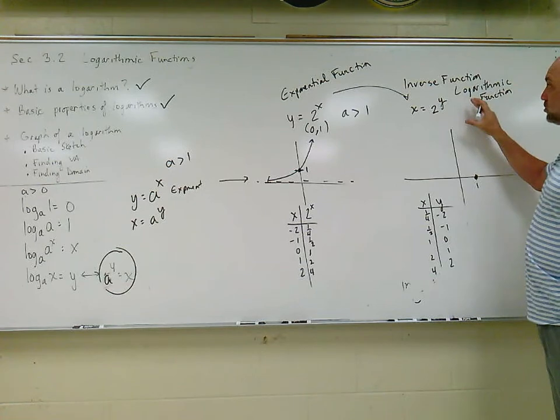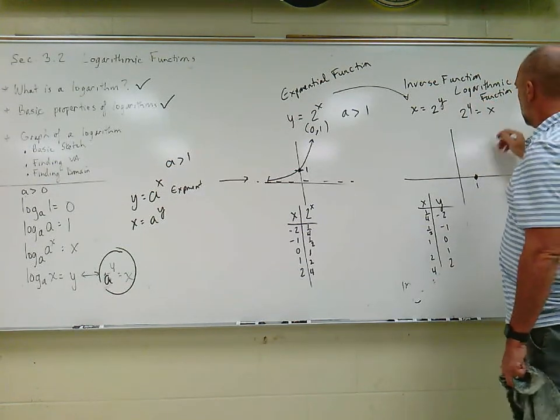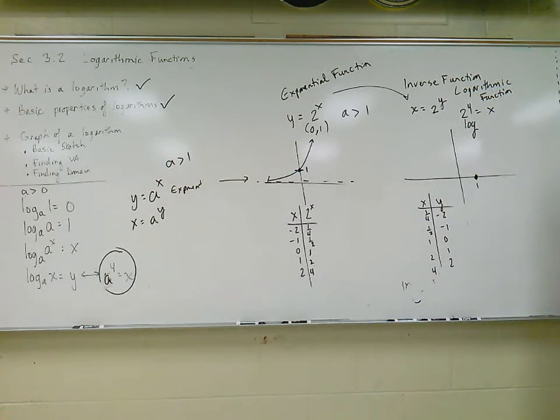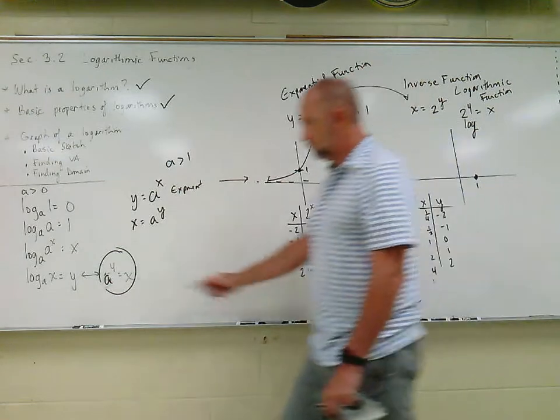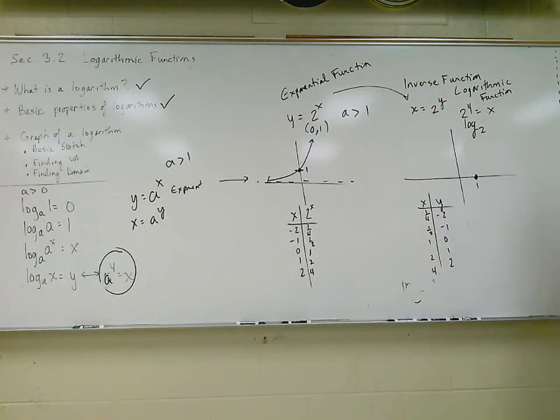So if it's x equals 2 to the y, what's the log form? Log base 2 of x equals y, there you go. So that's the equation. So let's plot these points and see what happens.